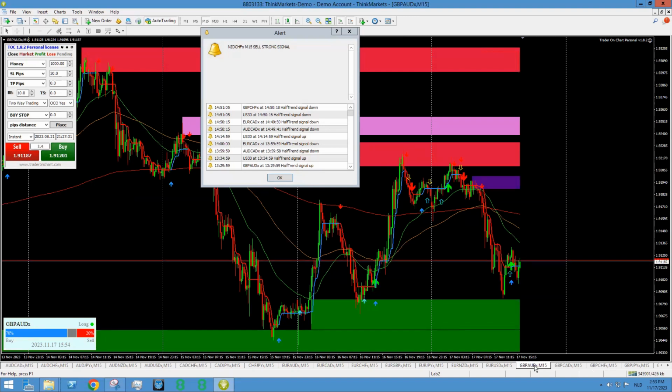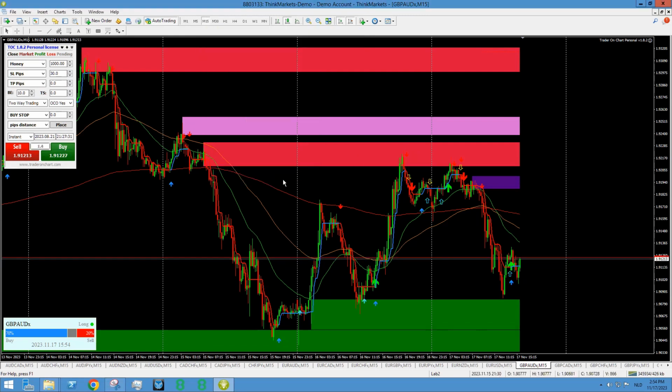But I always have the zones, the supply and demand indicator, on, and it gels with me. And just what you're saying, just to keep everything simple as well.